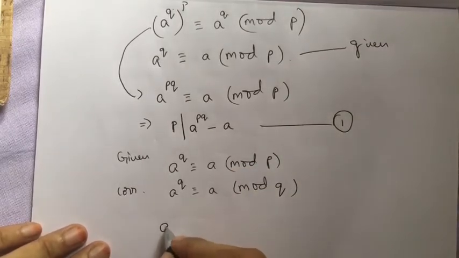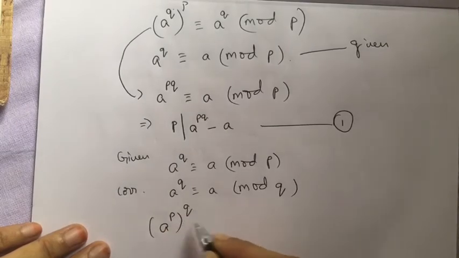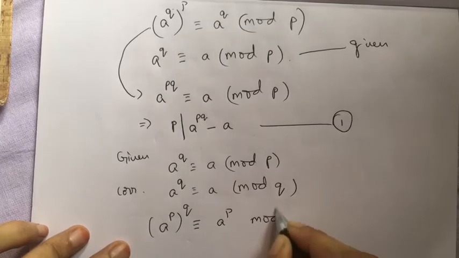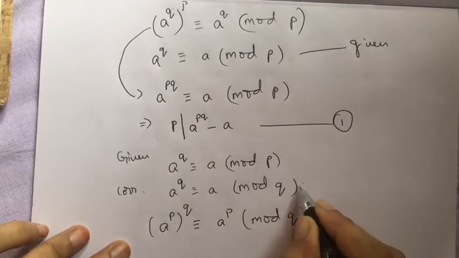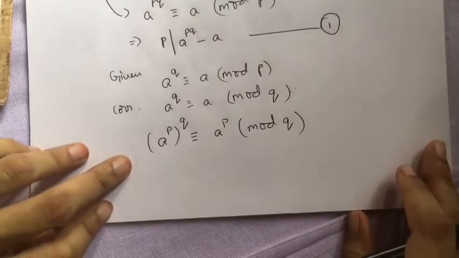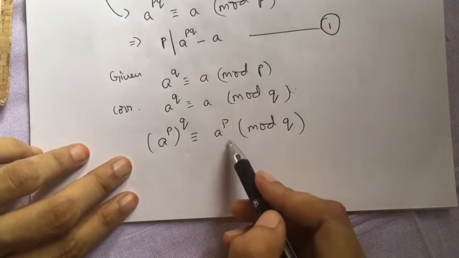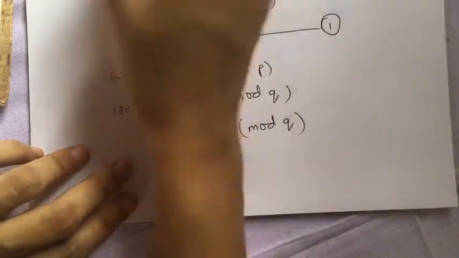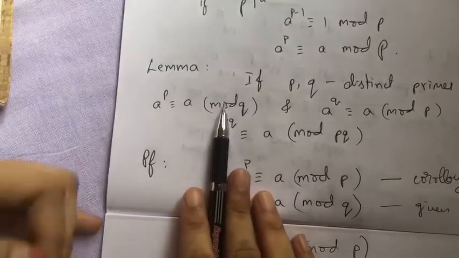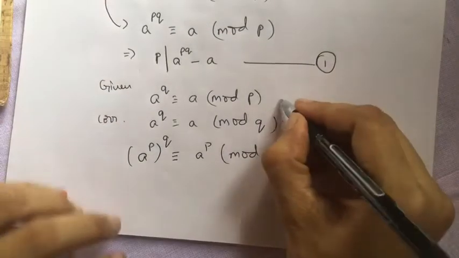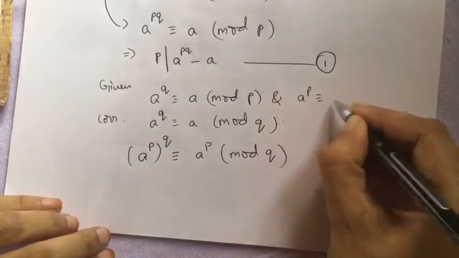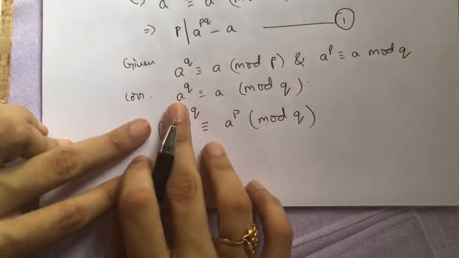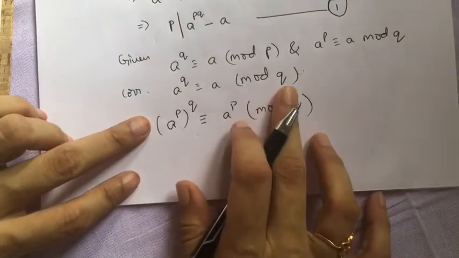So now a power p to the power q is nothing but a power p mod q. Now a power p is congruent to a mod q. It is given. So from the corollary, a power q is congruent to a mod q.